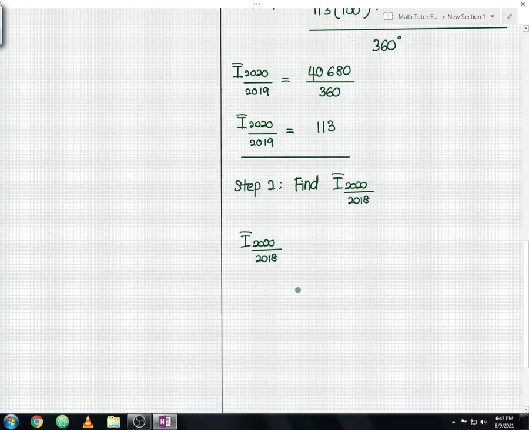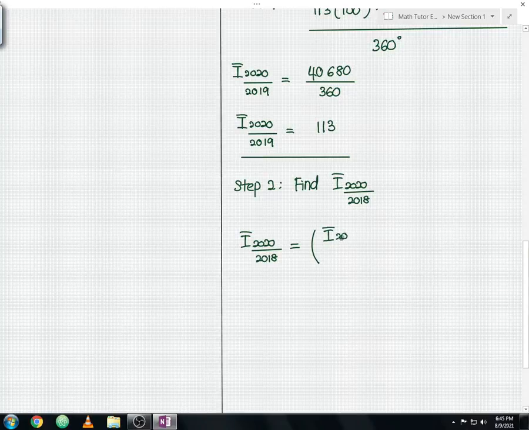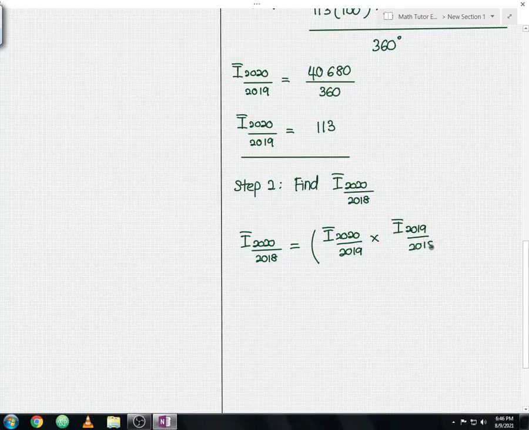So in order to find the composite index of the year 2020 based on the year 2018 will be equals to composite index of the year 2020 based on the year 2019, times with composite index of the year 2019 based on the year 2018, and you divide with 100.